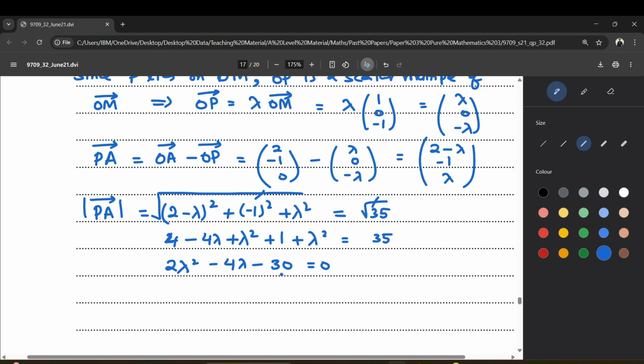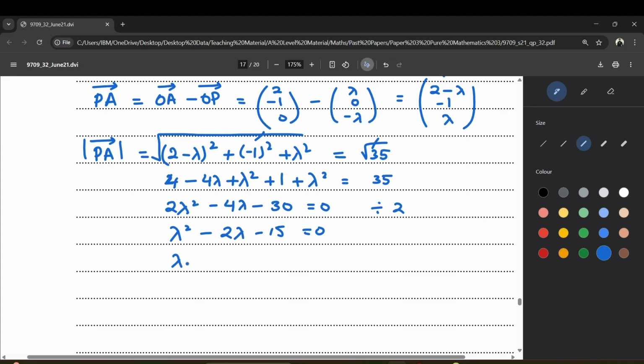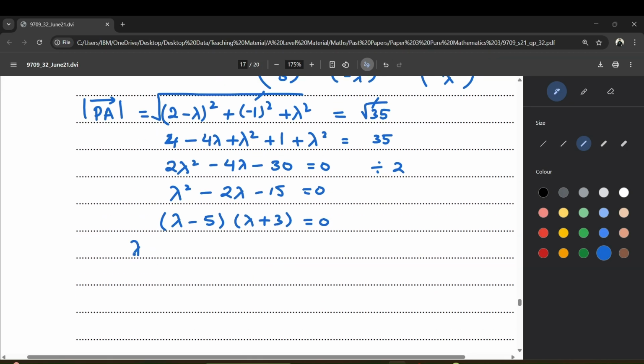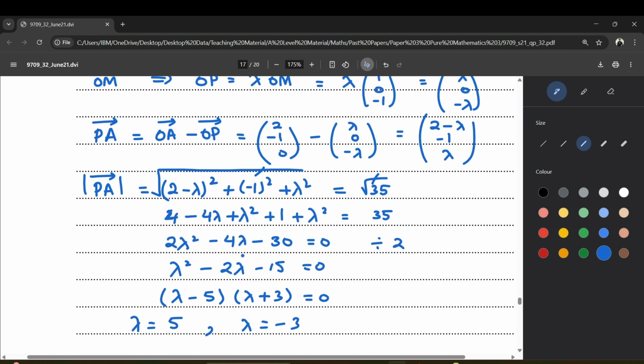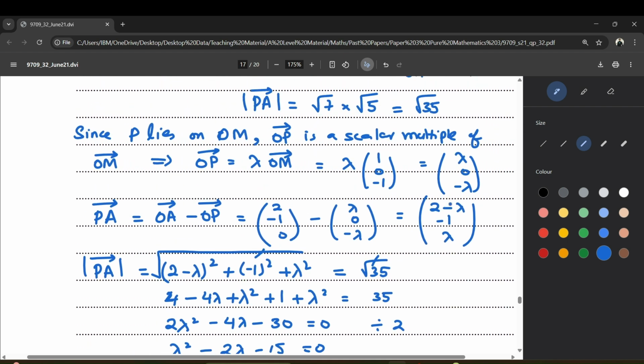Now if I divide the entire equation by 2, it simplifies to lambda squared minus 2 lambda minus 15 equals 0. If we factorize this, that will be (lambda minus 5)(lambda plus 3) equals 0. So lambda is equal to 5 or lambda is equal to minus 3. Now we have found two possible values of lambda, so we can substitute them into the position vector of OP, which was lambda, 0, minus lambda.